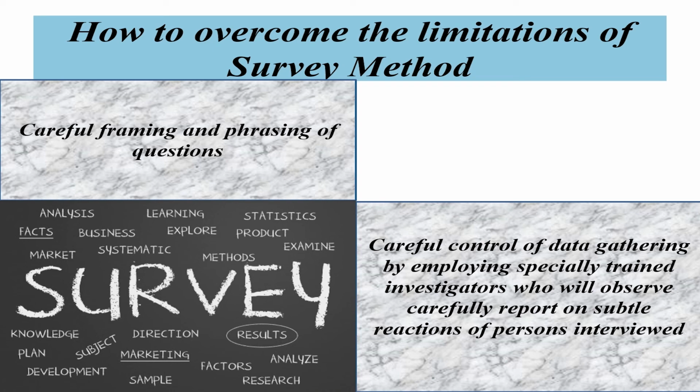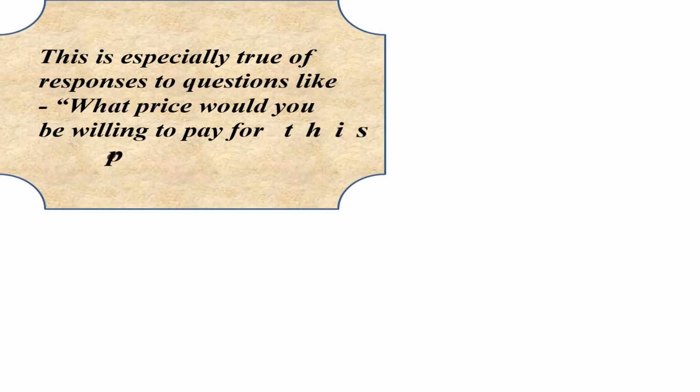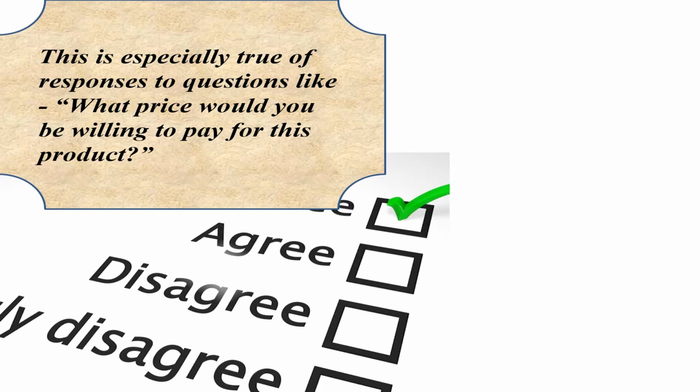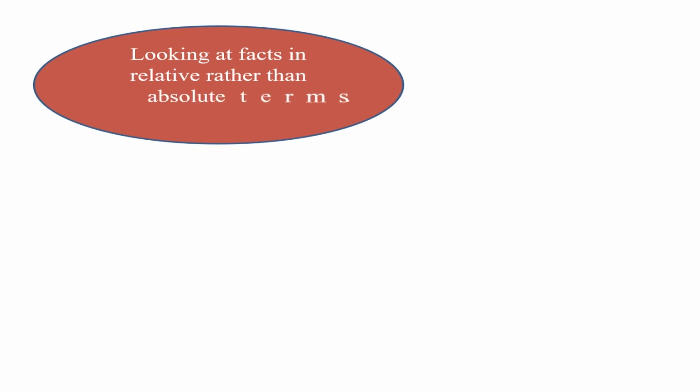Third is cautious interpretations by a clear recognition of the limitations of the data and understanding of what exactly the data represents. This is especially true of responses to questions like, what price would you be willing to pay for this product? The fourth is looking at facts in relative rather than absolute terms.